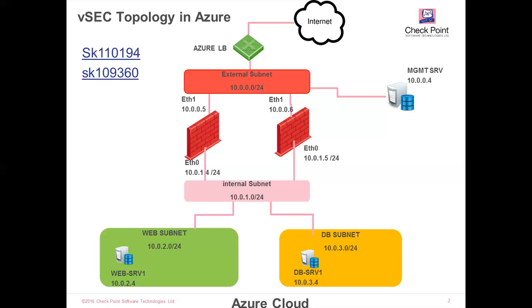Now, when we are trying to provision the vSEC cluster, usually for the external interface and internal interface, it asks to assign separate IP address subnets, not the same one. So whatever subnets we have reserved as a security subnet for assigning to the Checkpoint interfaces, would it require to be further divided?